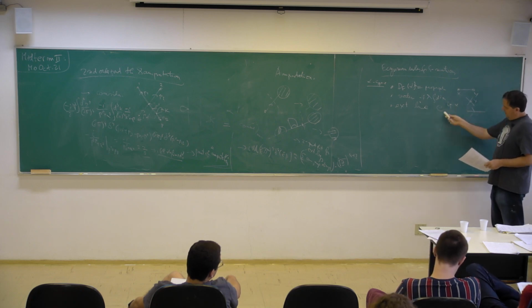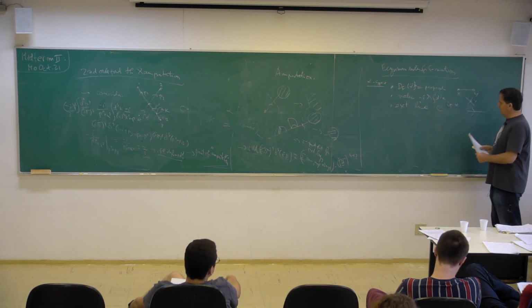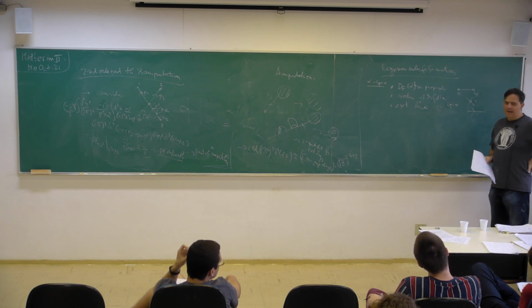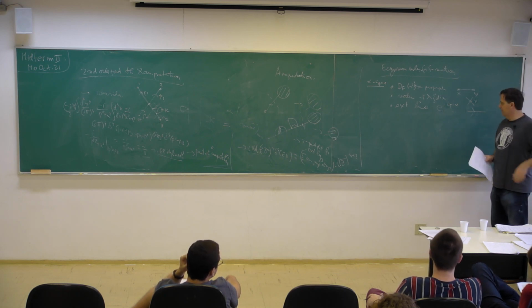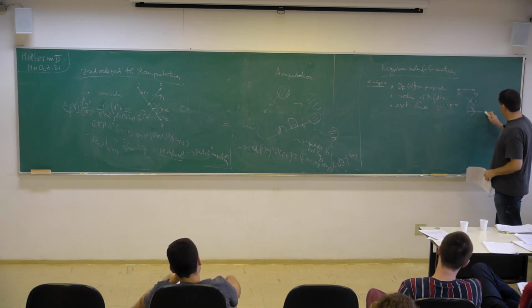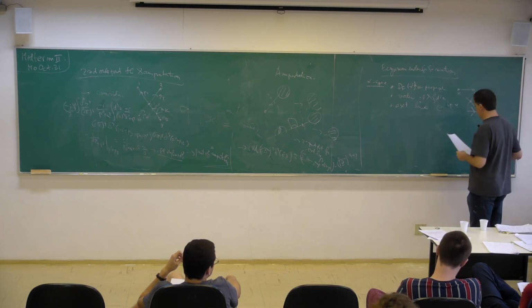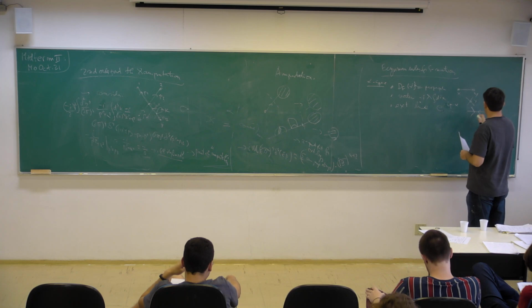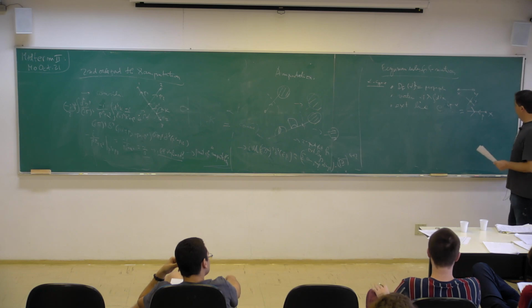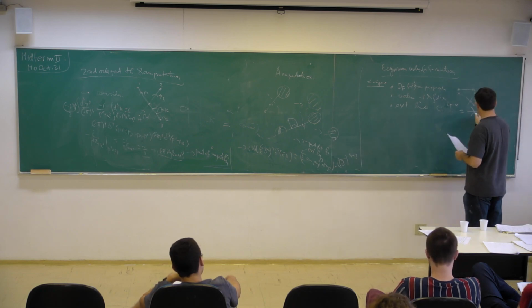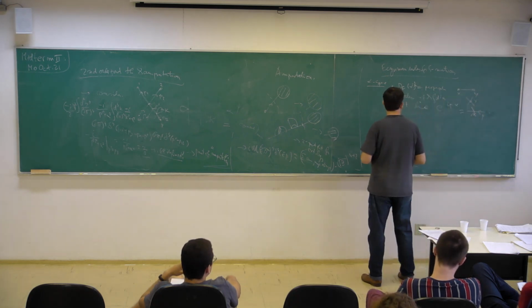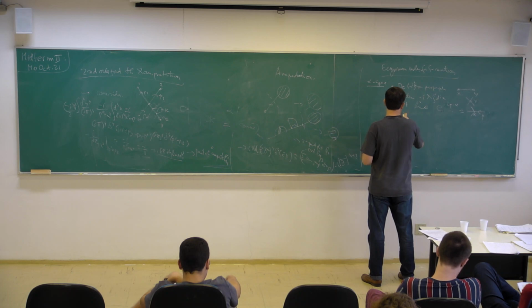And the point of amputation was also that in the end I have to have one of these phi's in a lambda phi^4 vertex contracted with the external line, right? So I have this thing, and there's a momentum coming in, and this gives us e to the ipx. And of course, divide by the symmetry factor.